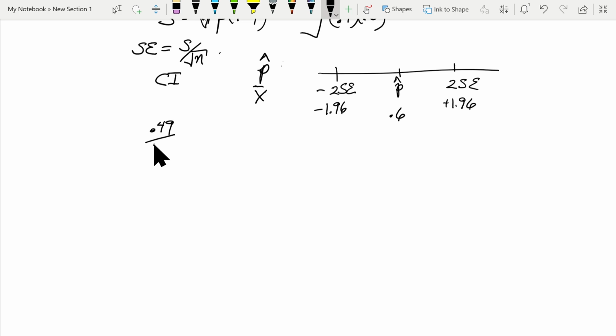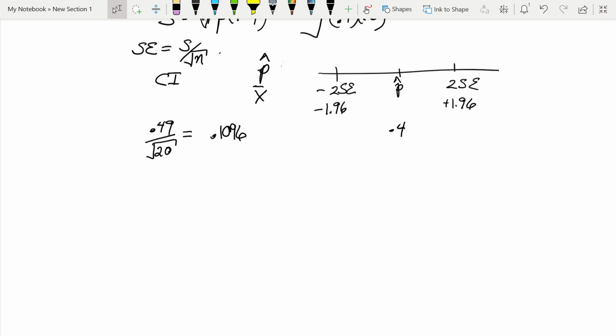And I divide it by the square root of 20, which was the sample size I had. 0.49 divided by the square root of 20 is about 0.11. So a 95% confidence interval for a population proportion, if the sample average is 0.4. Everything else is the same except it's 0.4.